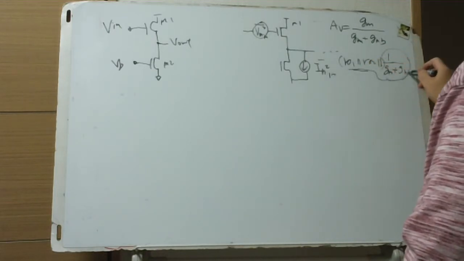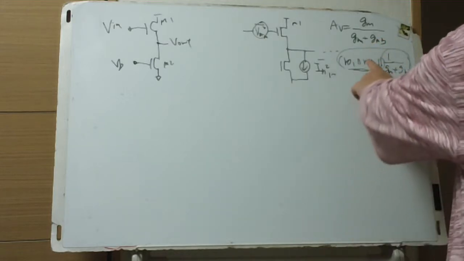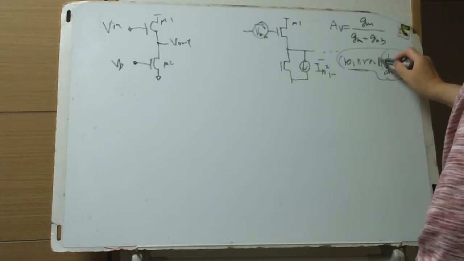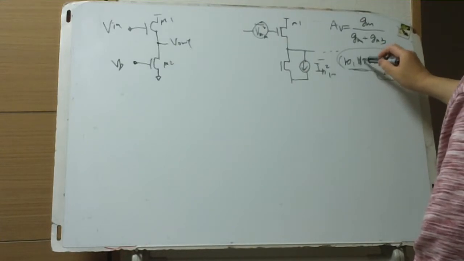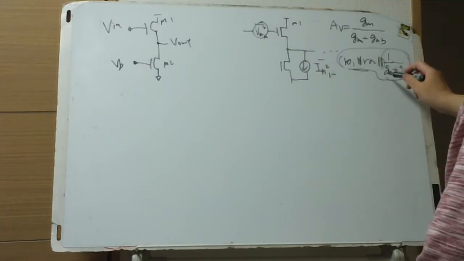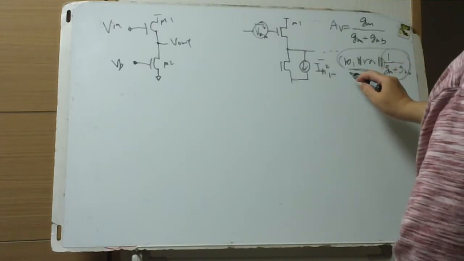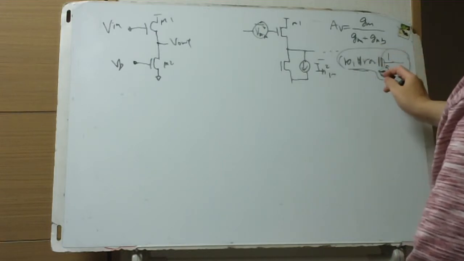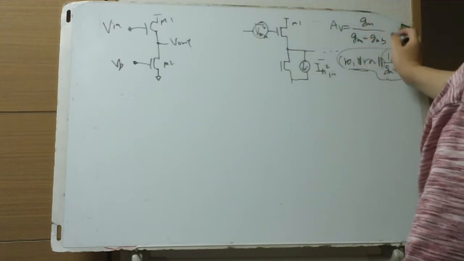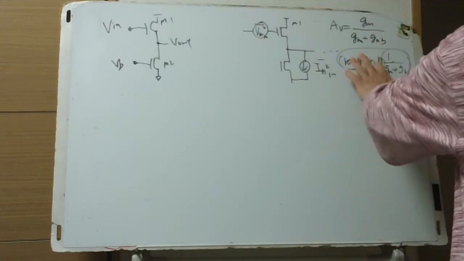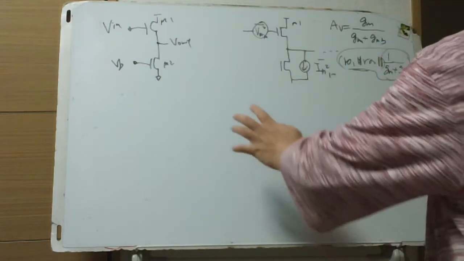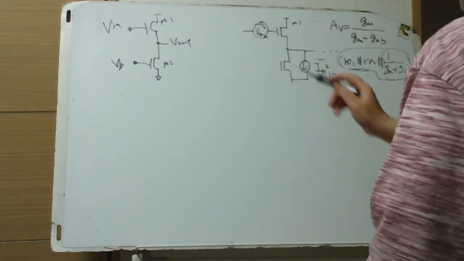But considering a more accurate representation, we need to add R1, R2 in parallel with 1 over gm plus gmb. This is a tedious long formula, so at first I neglect these.